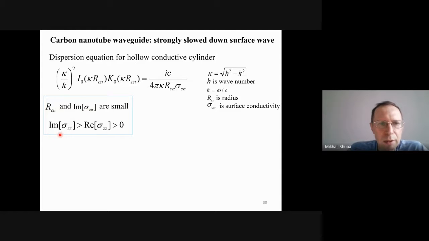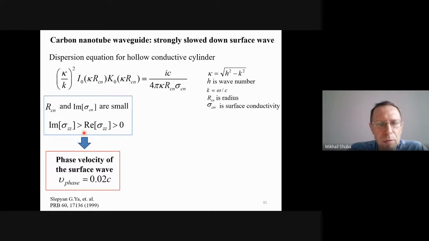If the imaginary part is larger than the real one, the solution of this equation gives us the wave number for the surface wave, and we can then find that the phase velocity of the surface wave is very low. It is about 50 times less than the speed of light in vacuum. This is very important, and I think it is a unique property of carbon nanotubes.